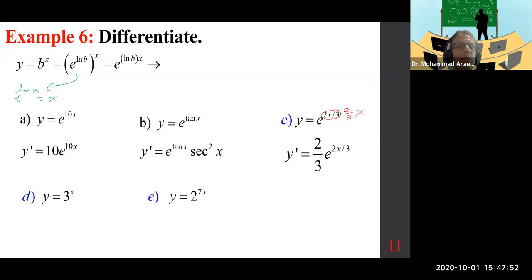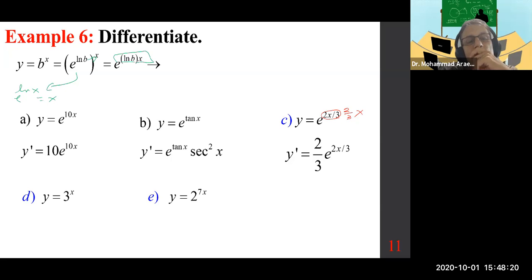And what is ln b? ln b is just a number, no more, no less. ln b is just some number, everybody. So according to the power rule, I can multiply ln b by x. That's why we put it in this fashion. Now, when you look at this one, ln b is the coefficient of x. ln b is like the number 7, 10, or 2, whatever.